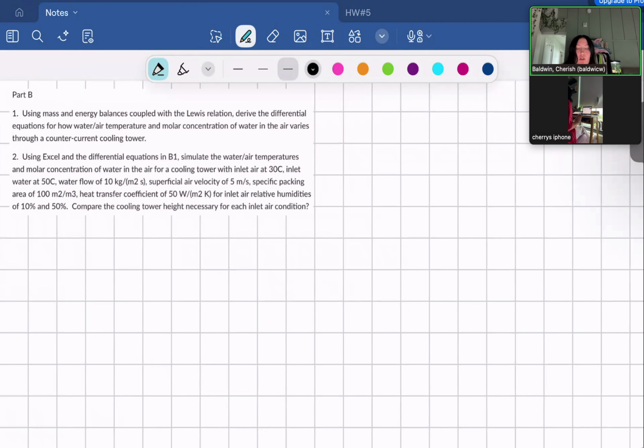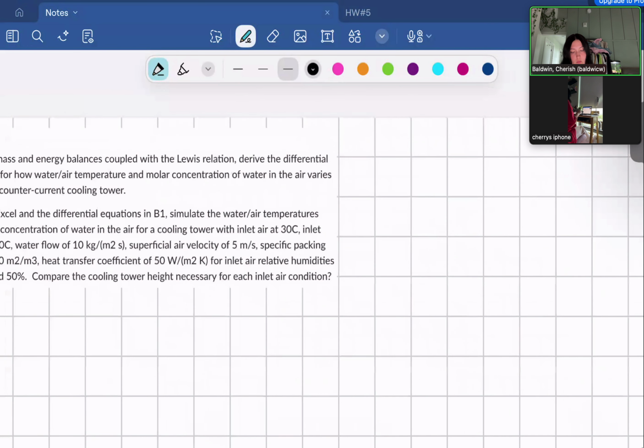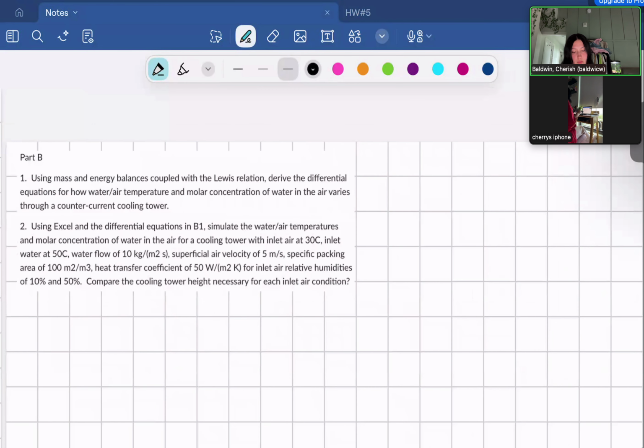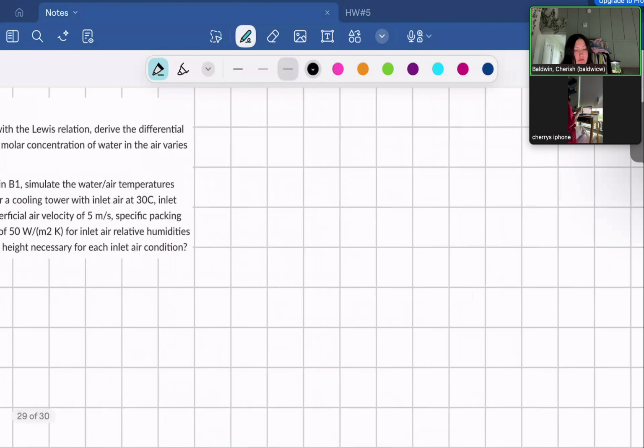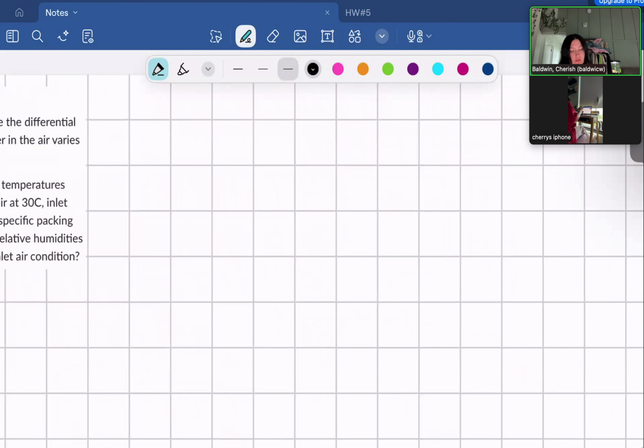So this is homework 5 part B, where we are going to solve for air and water flow through a cooling tunnel. So let's first draw this.